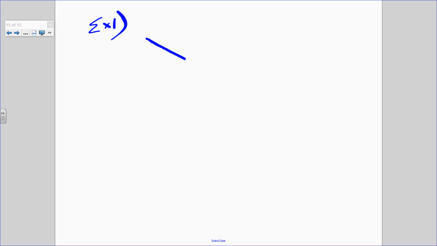For example 1, I'm going to throw a picture of two intersecting lines here. Let's say this angle is 2x degrees, and this angle is 100 degrees.